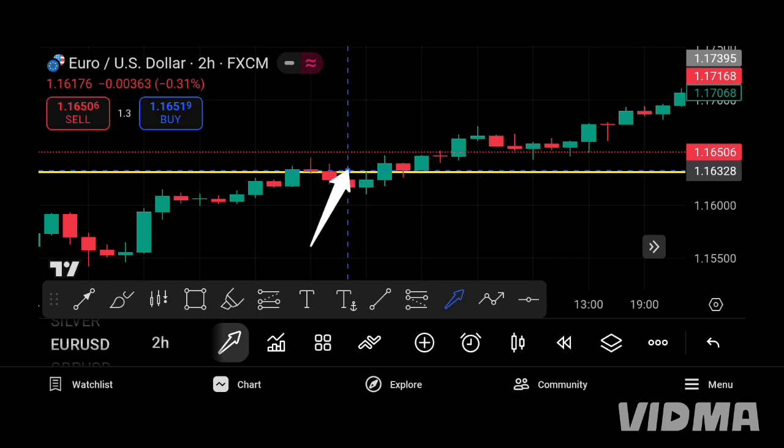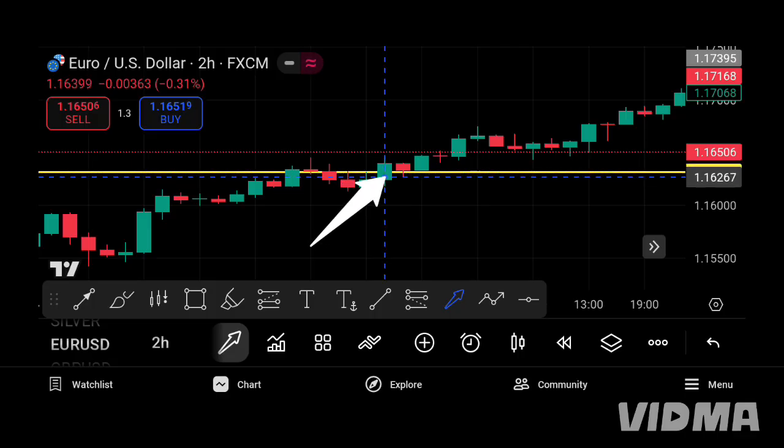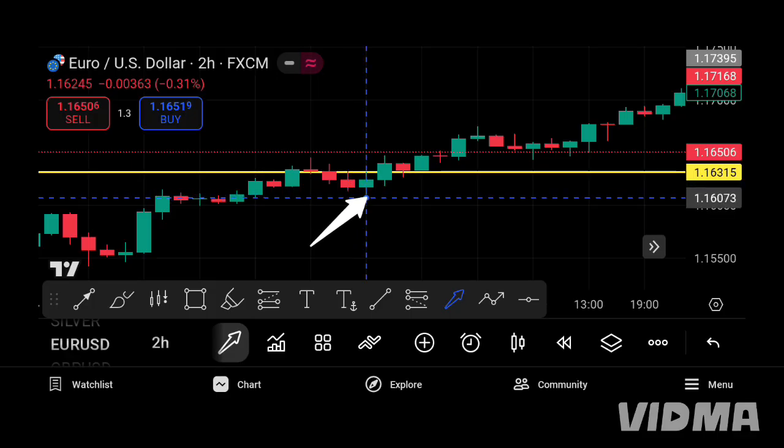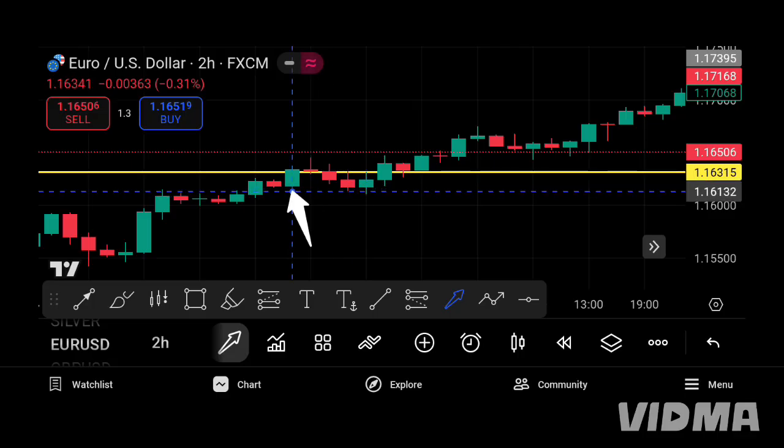After the next candle breaks the high, that's where we enter from, and we put our stop loss on the low of this candle that has swept liquidity of the demand zone, of our red candle.